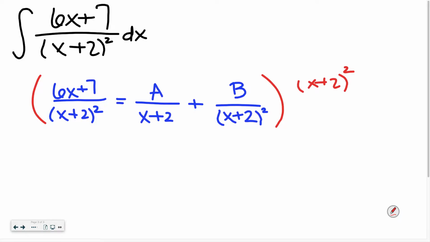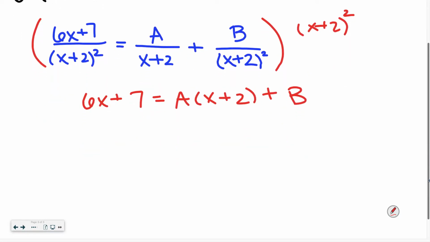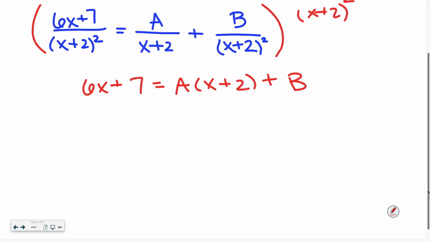Okay, so when we multiply by our LCD, we would get 6x plus 7 equals A times (x plus 2) plus B. Lonely B. Okay, what number can we plug in? -2.